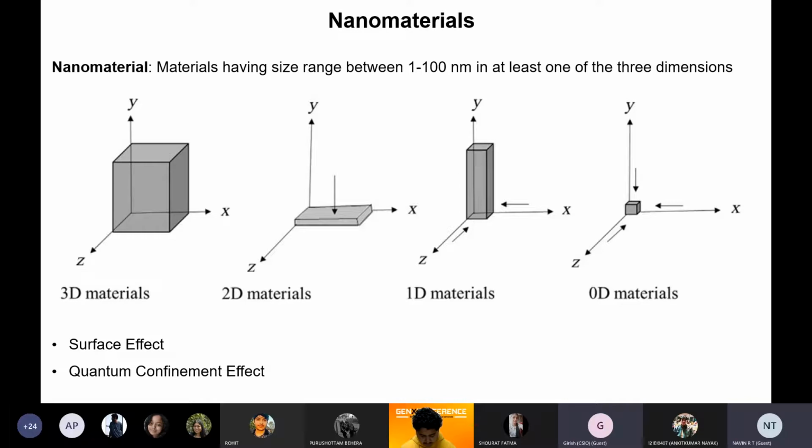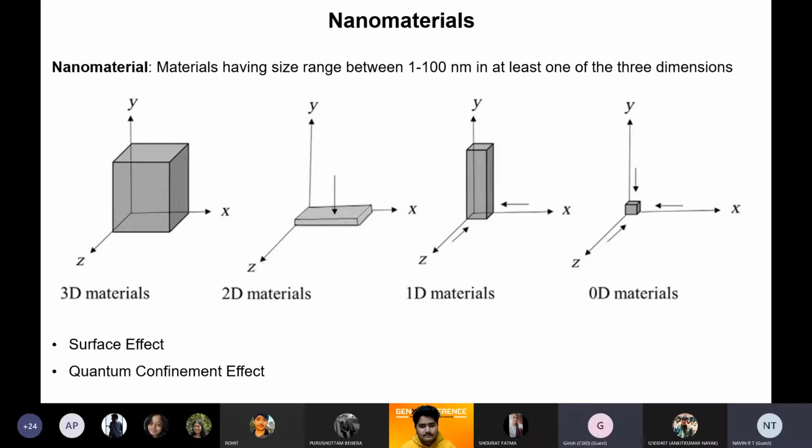Any material having at least one dimension below 100 nanometers can be called a nanomaterial. Based on that, they could be divided as 2D materials, where one dimension is below 100 nanometers, or one dimensional nanomaterials, for example nanowires and nanoribbons, and they could be zero dimensional nanomaterials.